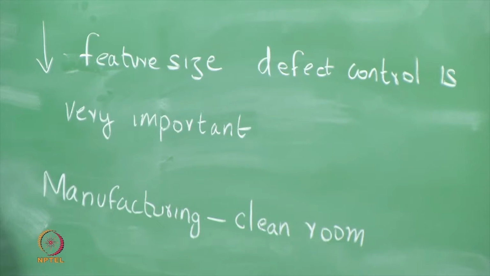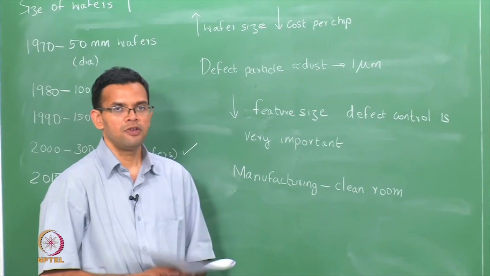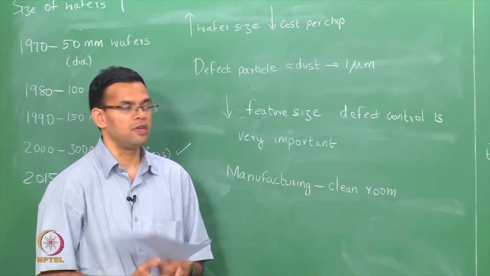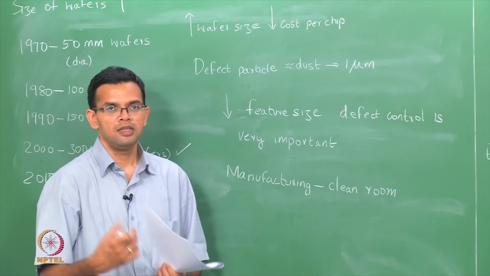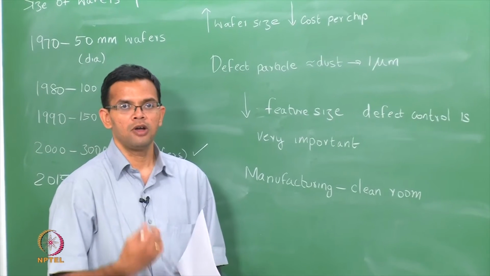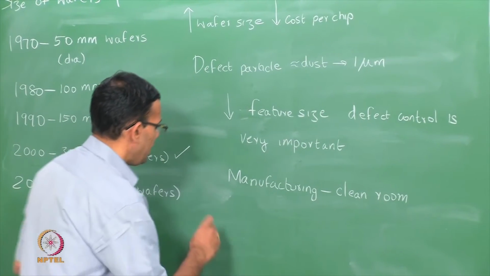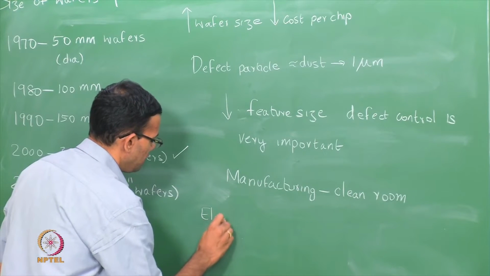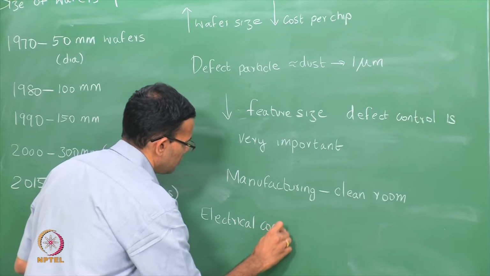The manufacturing complexity also goes up as the feature size is reduced. If we think about transistors, we can fabricate a lot of transistors on a chip, but these transistors have to be connected to one another and they also have to be connected to the external circuit. So, the electrical connections are made and these are called interconnects.